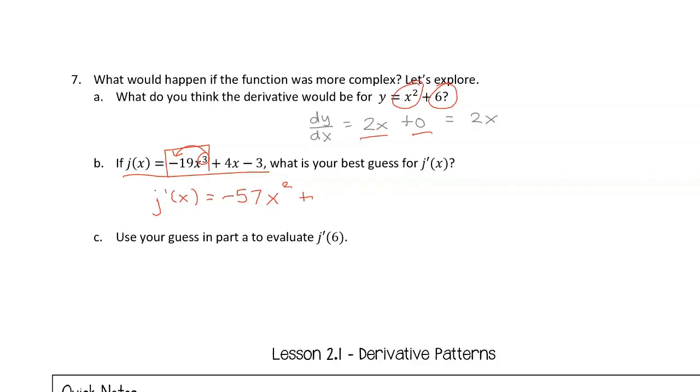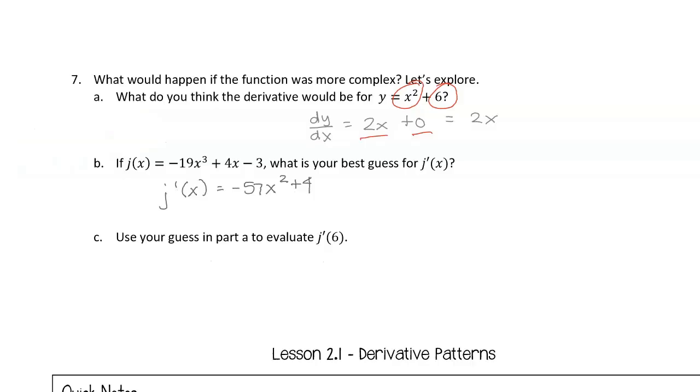The same procedure works for the 4x. The exponent here is really 1. So the 1 comes out in front, multiplies by 4, so that's going to be 4. Then I'm going to subtract 1 from the exponent. x to the 0 is just 1. And then the derivative of negative 3 is 0. So that would be plus 0, but we don't need to write that.